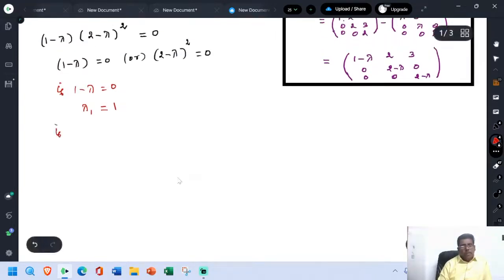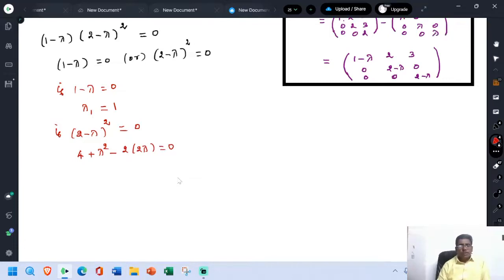If (2 minus lambda) whole square is equal to 0, we can write 4 plus lambda square minus 2 times 2 lambda equal to 0, since (a minus b) whole square is a square plus b square minus 2ab. This is lambda square minus 4 lambda plus 4 equal to 0.